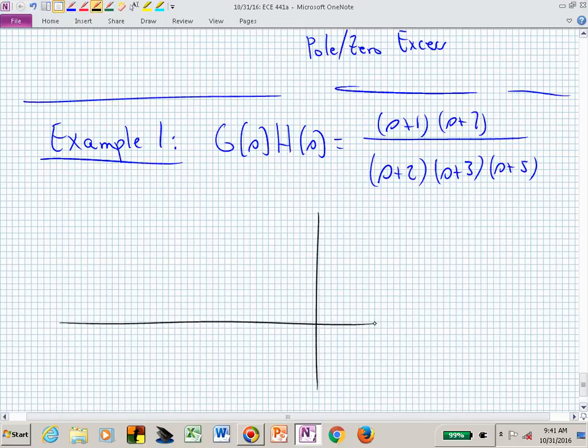Maybe I can do a better job this time. If I'm quick with my line, it's easier. I have poles at -2, -3, and -5, and I have finite zeros at -1 and -7. And now, where were my real axis line segments on the root locus? It was here, here, and here. Was it not?